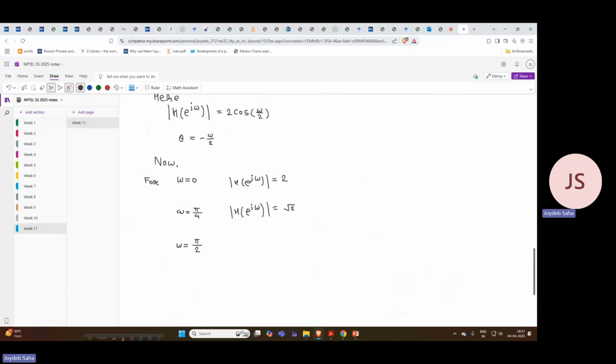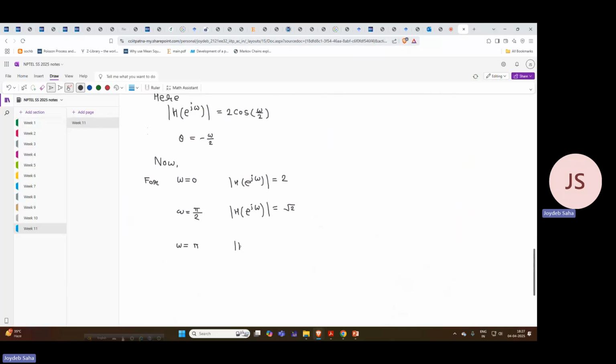Oh, no, no. Oh, it was omega by 2, so this will be pi by 2.